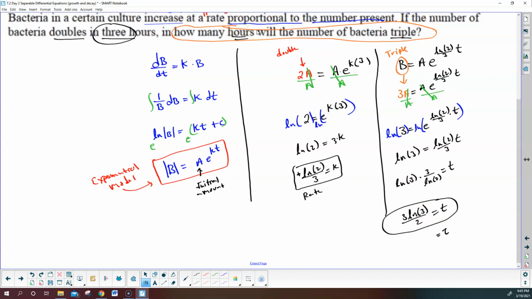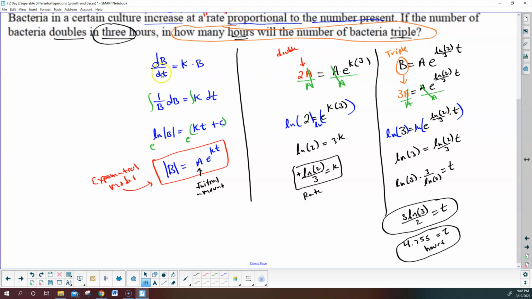So what I'm going to do is actually do this problem in my calculator and do 3 times the natural log of 3 divided by the natural log of 2. And it tells me that I get 4.755 hours. So it'll take 4.755 hours for the amount of bacteria to triple.